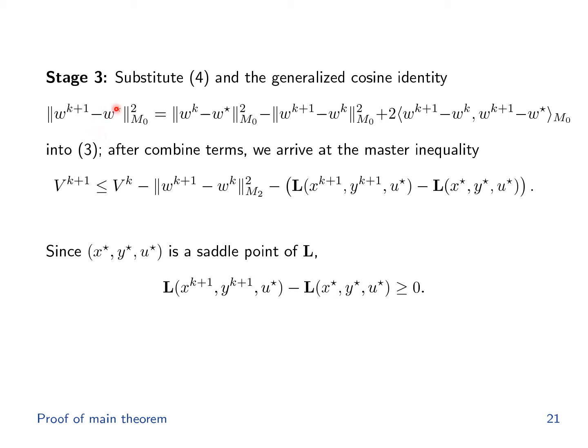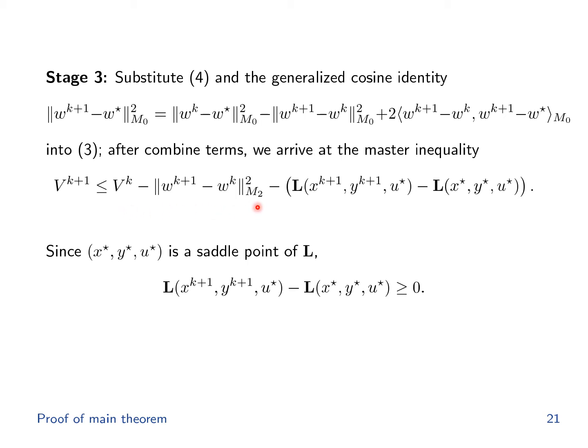So adding this identity, the bound from stage 2, to the bound in stage 1, we end up getting this master descent inequality, which states that the k plus 1's Lyapunov term is less than or equal to the k's Lyapunov term subtract this amount. So this is the amount that the Lyapunov function has to decrease minimally at the k-th iteration.